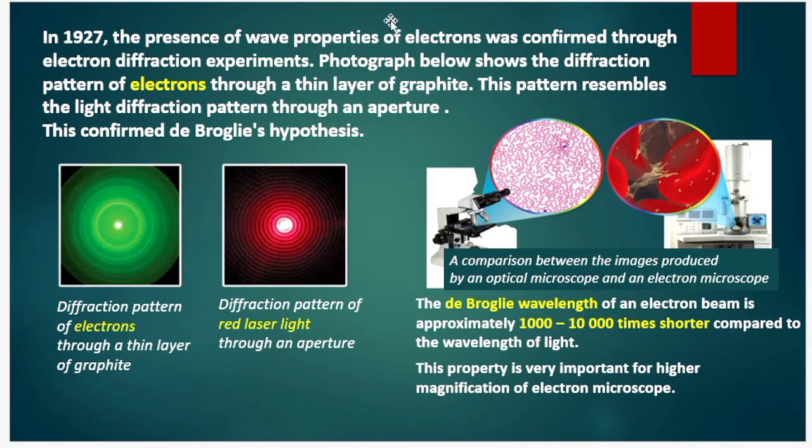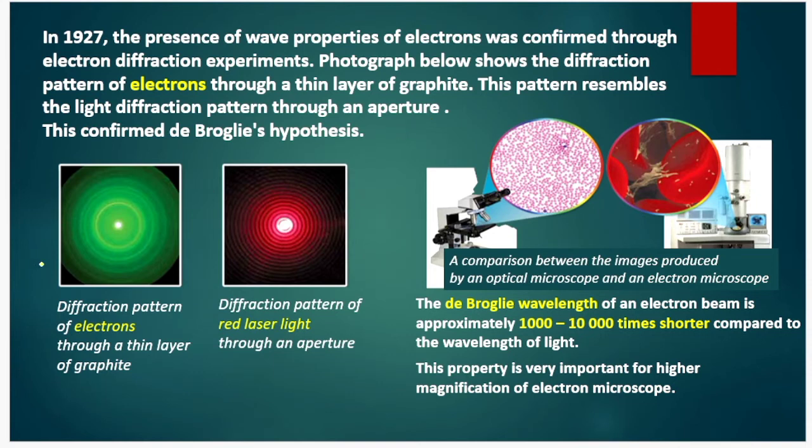In 1927, the wave properties of electrons were confirmed through an electron diffraction experiment. The photograph below shows the diffraction pattern of electrons through a thin layer of graphite. This pattern resembles the light diffraction pattern through an aperture. So this confirms de Broglie's hypothesis.